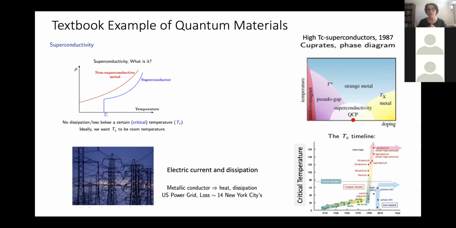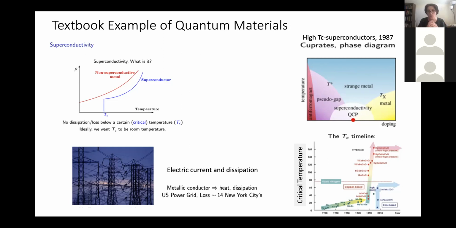The breakthrough came in 1987 with the discovery of so-called high temperature superconductors, where the critical temperature is around liquid nitrogen. It's not zero, it's still cold, okay? And recently, I think last year, room temperature superconductors based on hydrogen were discovered, but those materials have superconducting properties only at extremely large pressure.